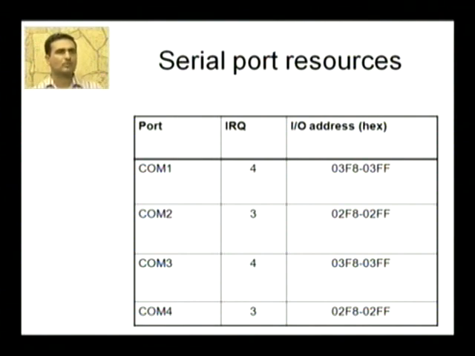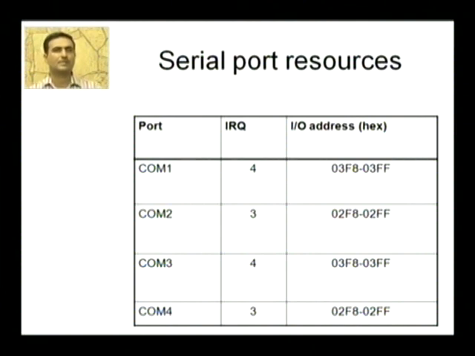Next is the COM3 port. COM3 again uses IRQ4, and the address is also the same as it uses the fourth IRQ, 03F8 to 03FF. So COM1 and COM3 use the same IRQ.